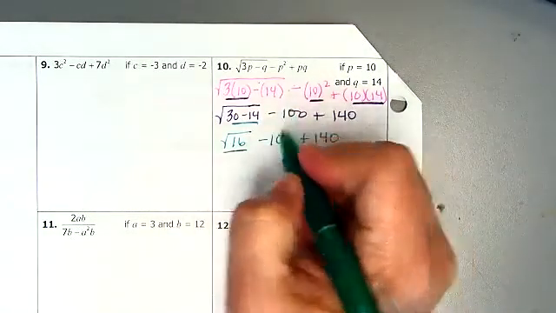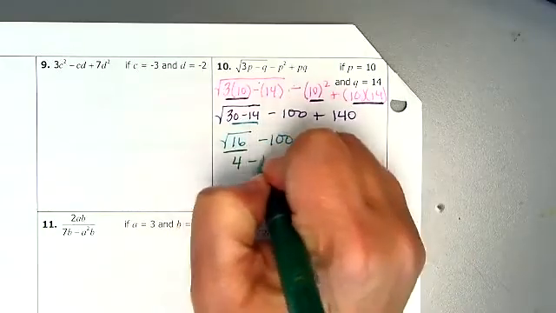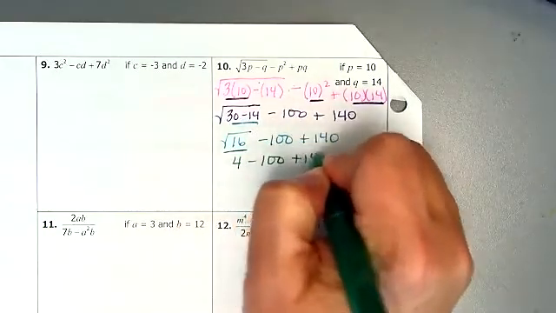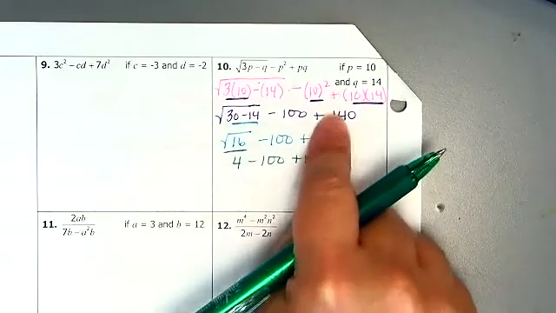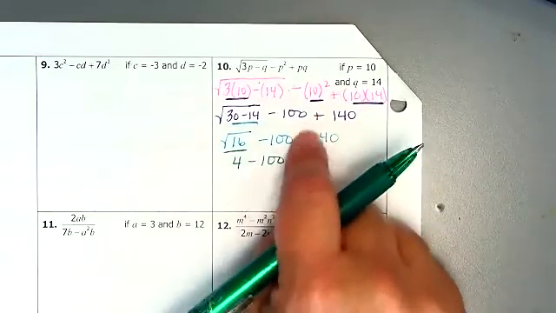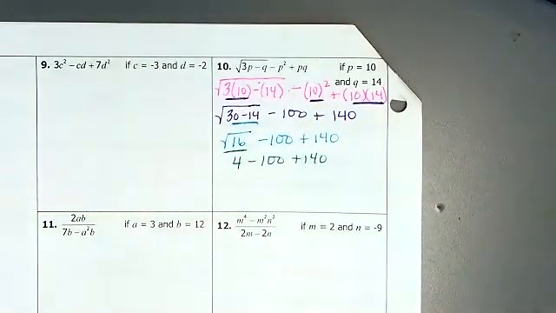Take the square root of 16, which is 4, minus 100 plus 140. Notice I'm not able to do anything else here because this is addition and subtraction. That's the last thing I'm supposed to be doing.